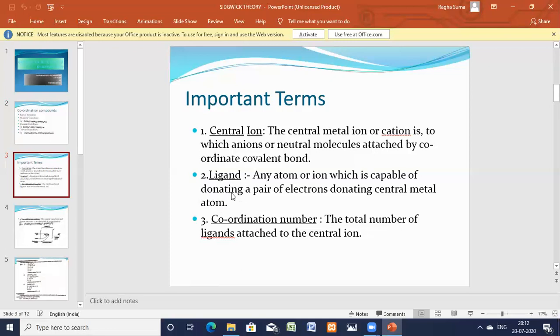It is capable of donating a pair of electrons to the central metal atom. Such types of species are called ligands. Now coming to what is coordination number. The total number of ligands attached to the central metal ion is nothing but the coordination number.